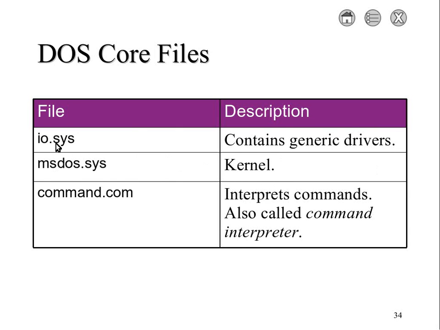It had an io.sys, which is basically the driver's input-output system, and it had a command.com, which was the interpreter. When you typed commands into the command prompt, the command.com was what figured out what you were typing and would then cause programs to execute, or it would either do it for you, or it would cause another program to start running to do the task for you.